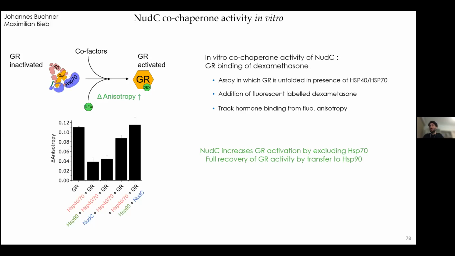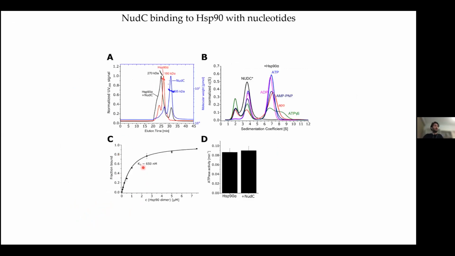I do have it somewhere. It's around 600 nanomolar, but again, this is for the 2-to-2 binding, so there is a lot of avidity going on. When we look at the single domain binding, we are more in the 50 micromolar range. But for the full-length protein, it's around 650 nanomolar. Okay, thank you.